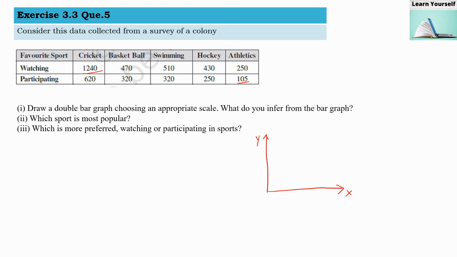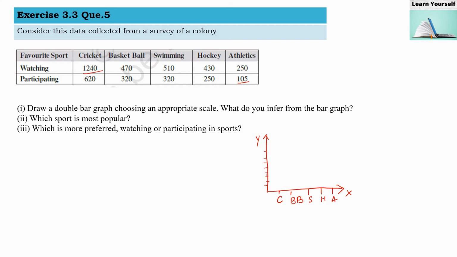On y-axis definitely we are going to mark the number of people who are watching and people who are participating in their sports. Whereas on x-axis we are going to draw a double bar graph pattern, and in that cricket, basketball, swimming, hockey, athletics.